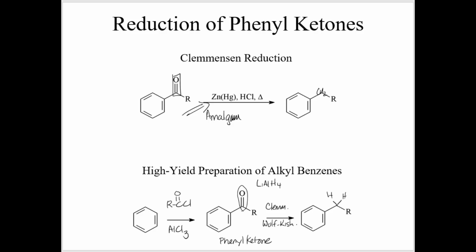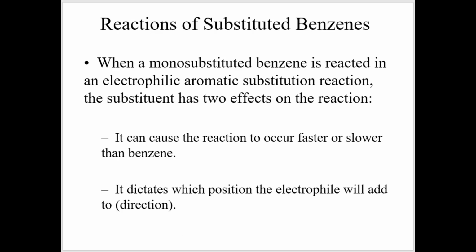So now let's talk about doing reactions on other than benzene. Benzene's boring, right? There's 6 hydrogens. It doesn't matter which one I substitute for. I'm going to make a mono-substituted benzene ring. And if I want to do a reaction now on a substituted benzene ring, so maybe I want to take my toluene with a CH3, or maybe I want to do a reaction with a bromo on there, a bromobenzene.